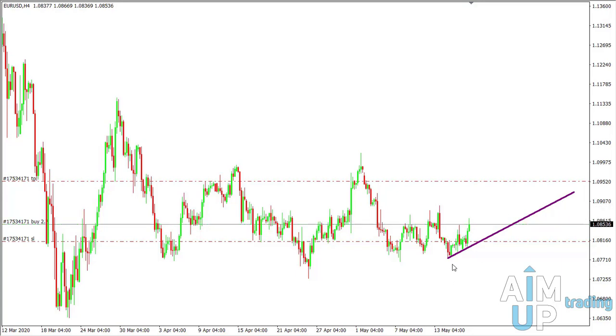Now basically why we didn't put our stop loss exactly under this engulfing candle is because the price was respecting this level a lot. And also this engulfing candle combined with the trend line gives us a pretty good chance of winning this trade.